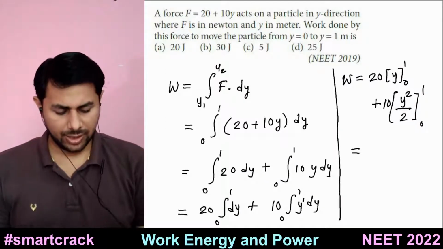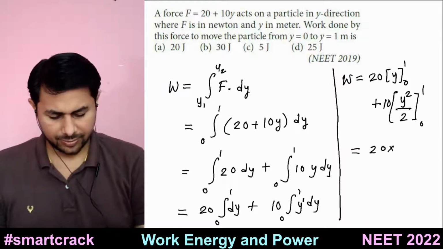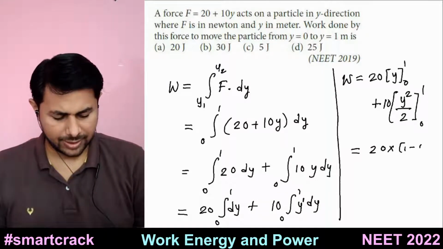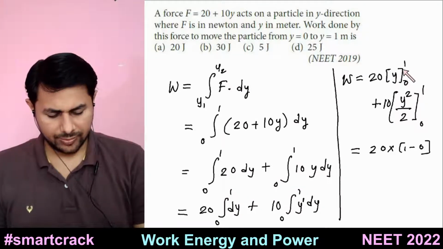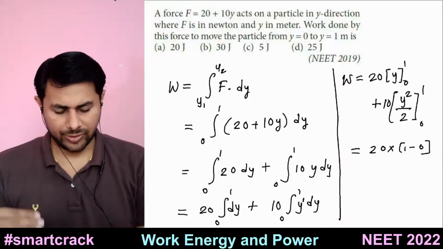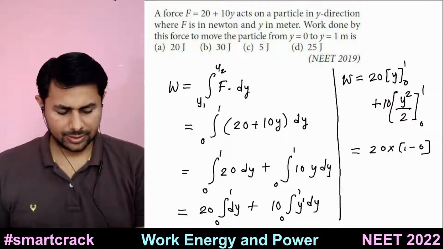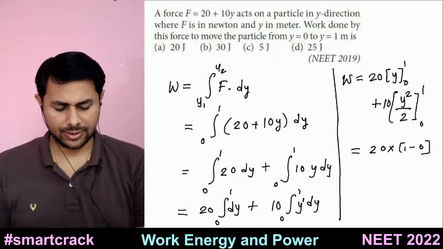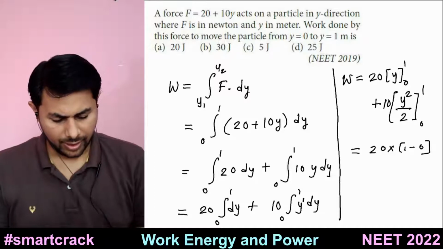So let's substitute the limits now. 20 multiplied by upper limit y equals 1, gives 1, minus lower limit y equals 0.